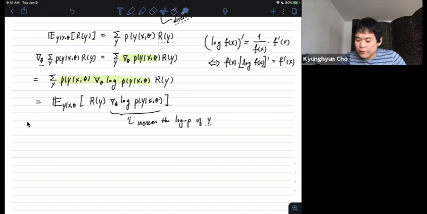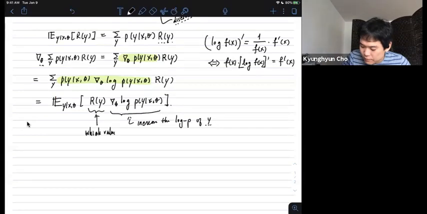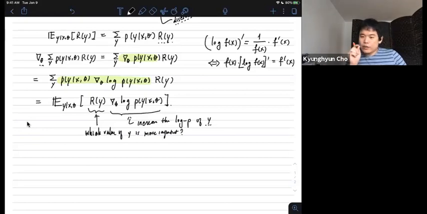Now that's where the first term comes in. This first term tells us which values of y are more important. What does that mean? We are looking at the reward given to a certain choice of y. If the reward is high, we want the log probability of y to be high.